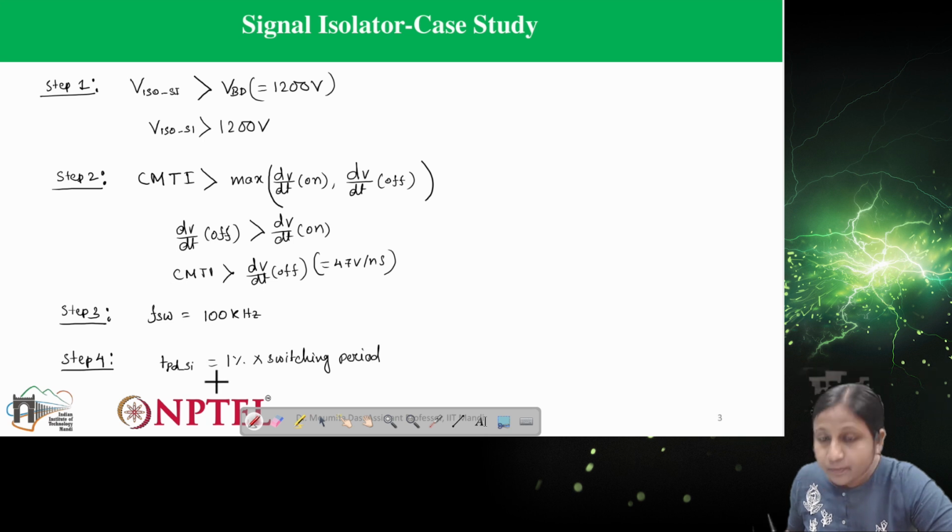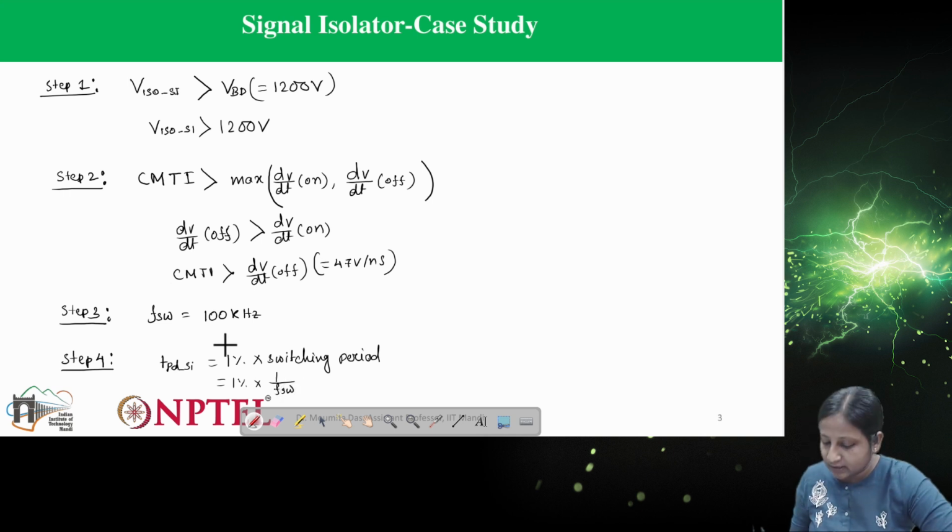Means 1% of 1 by switching frequency. So switching frequency we can get from the previous step, that is 100 kilohertz. If we put this value here, then it will come around 100 nanosecond.